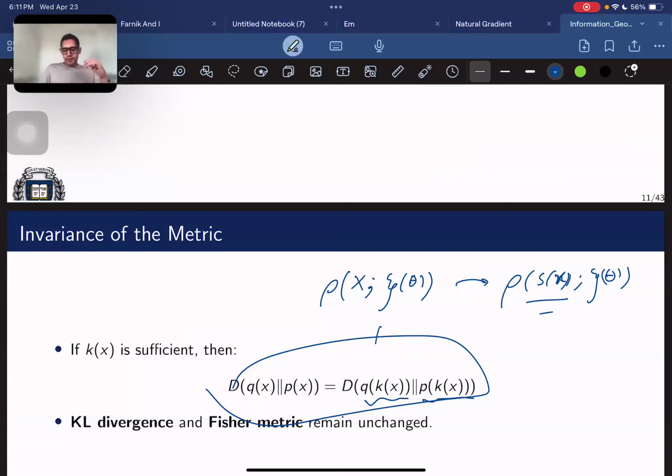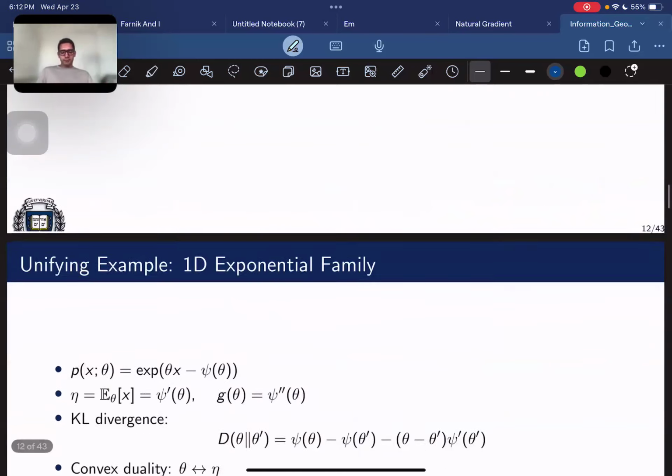Because the KL divergence of the two distributions remains the same after this map, the whole geometry remains the same. No matter what geometry we start with in the first manifold, it would give you the same in the second manifold. So the sufficient statistic is sufficient to talk about the geometry, which is obvious, as the name suggests.